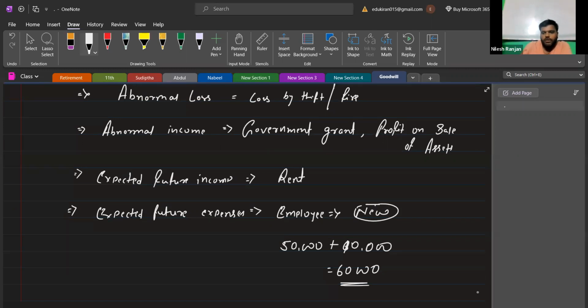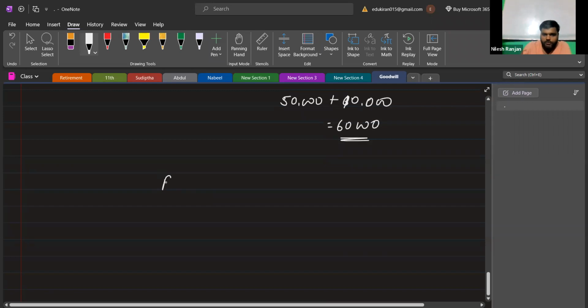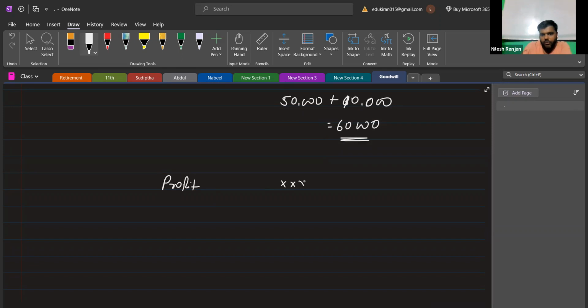Now, how to calculate future maintainable profit? The profit which is given in the question, you have to write that profit. You have to add some items here, and you have to deduct some items. Add abnormal loss, or less abnormal gain.